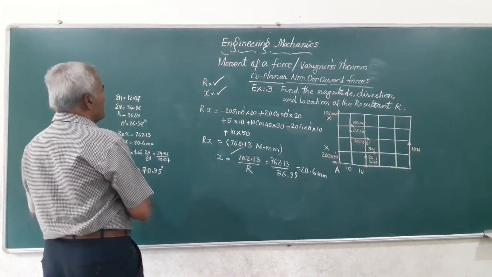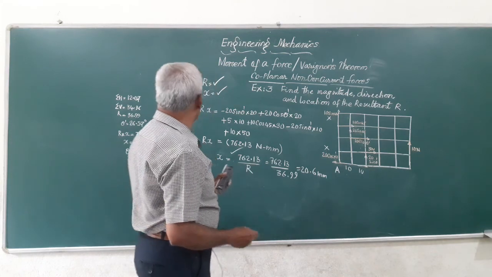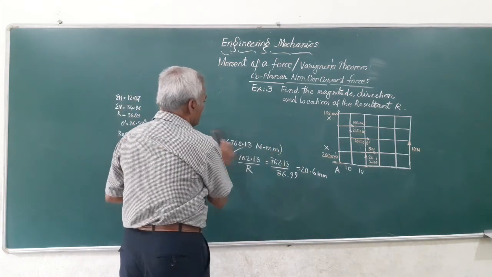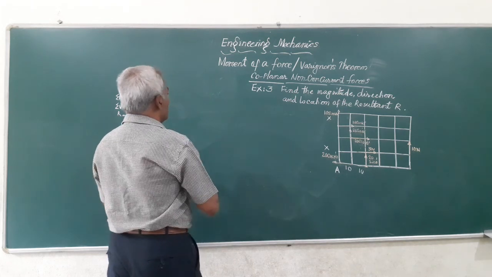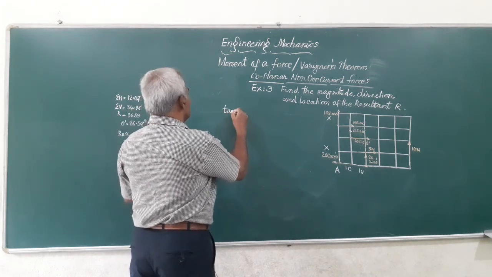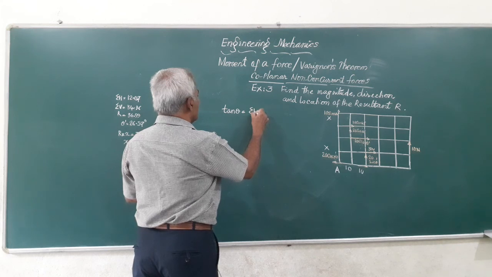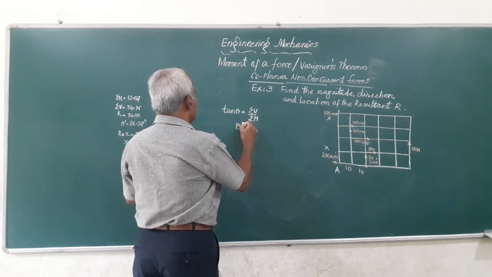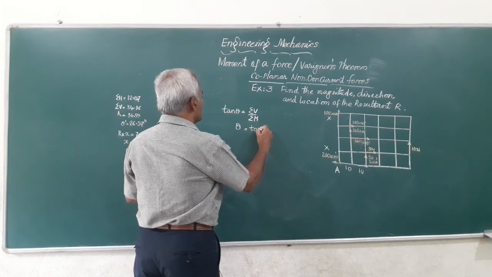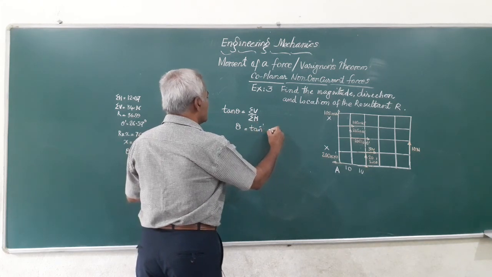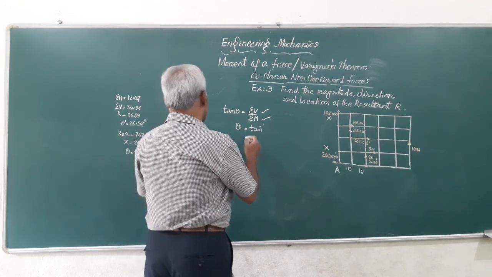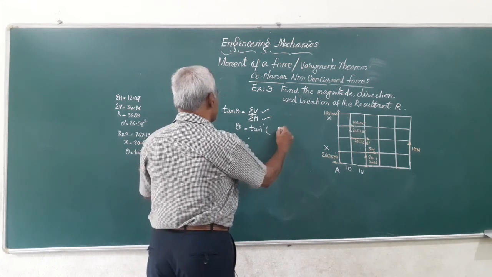Friends, you know very well, if theta is the angle of inclination, then we have tan theta equal to sigma V by sigma H. So theta you can find out as tan inverse of sigma V by sigma H, both the values are known to you, and this works out to 70.95 degrees.